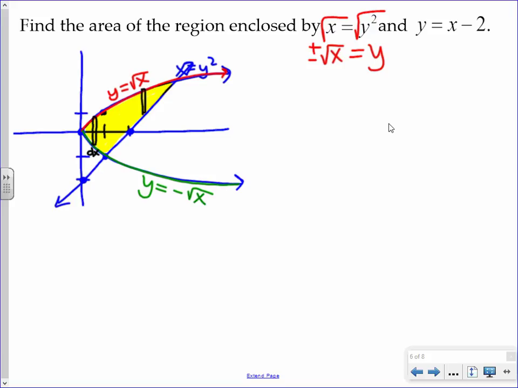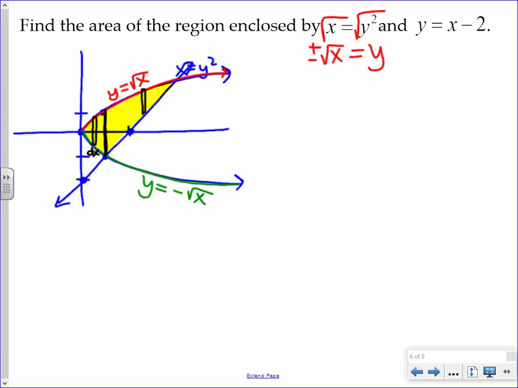No, the bottom function switches right here at x equals 1. So since our functions on bottom are not consistent, we have to make this 2 different areas that we're finding and add them together. Okay?